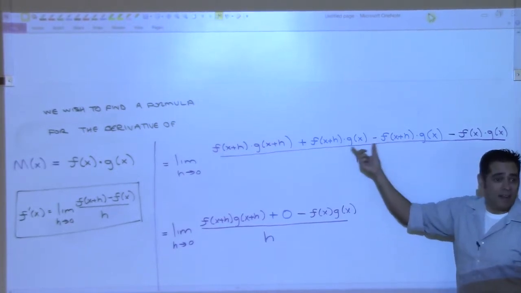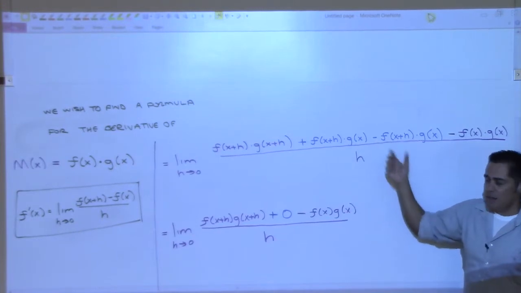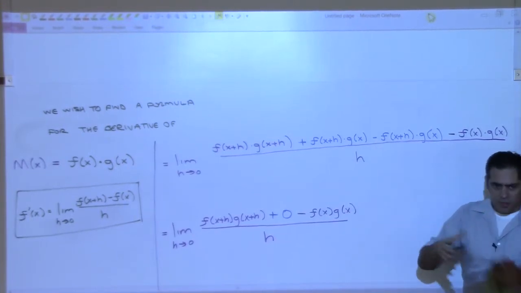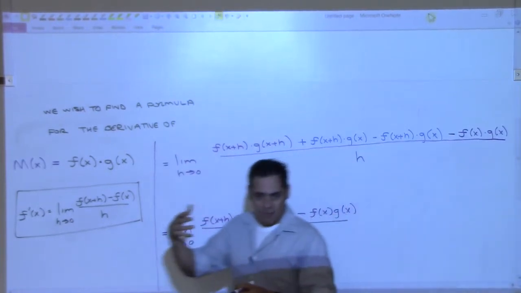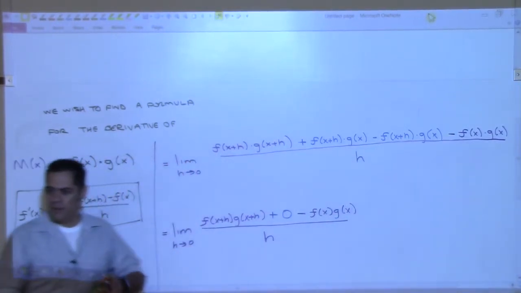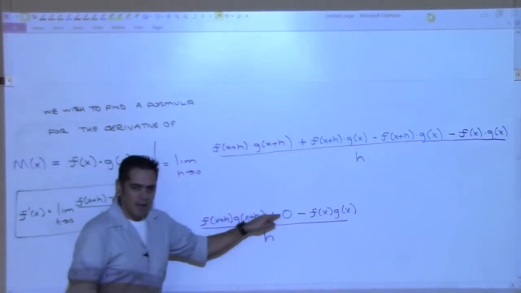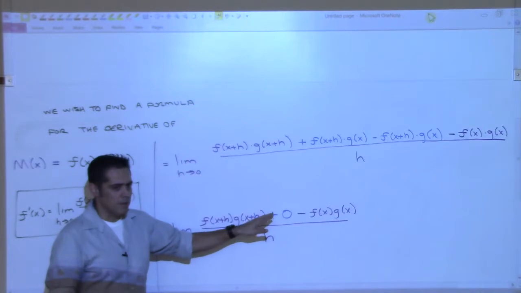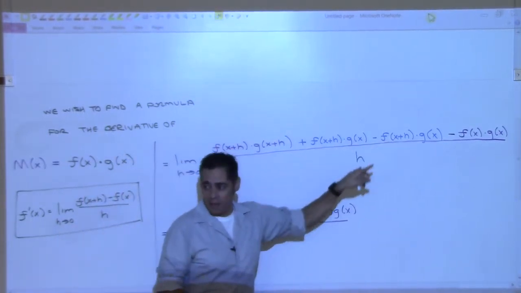Now, you're probably thinking I've lost my mind at this point. Why am I doing this? Okay, so historically, when Isaac Newton was trying to figure out a formula for the derivative of a product, he had to realize this step. He had to figure this out on his own. This is a very difficult step because he had to insert something in here to make it work.